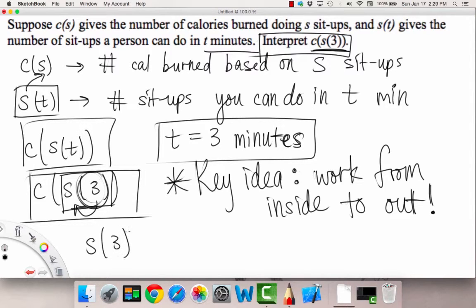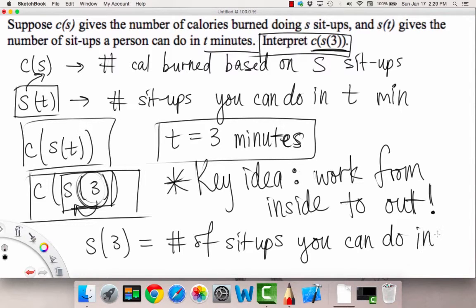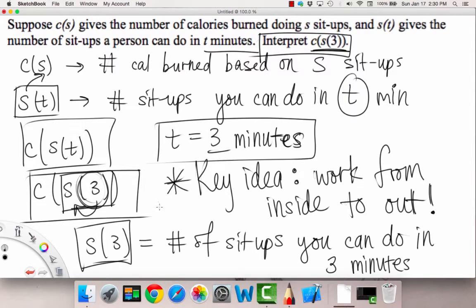So S of 3, based on our S of T function, that means the number of sit-ups you, or one, can do in, and it isn't T minutes anymore because we know what T is. So for our particular case, our T is 3. So we could say that you can do in 3 minutes. Okay? So now we know what S of 3 equals, or what it means or signifies. So S of 3 is the number of sit-ups you can do in 3 minutes.